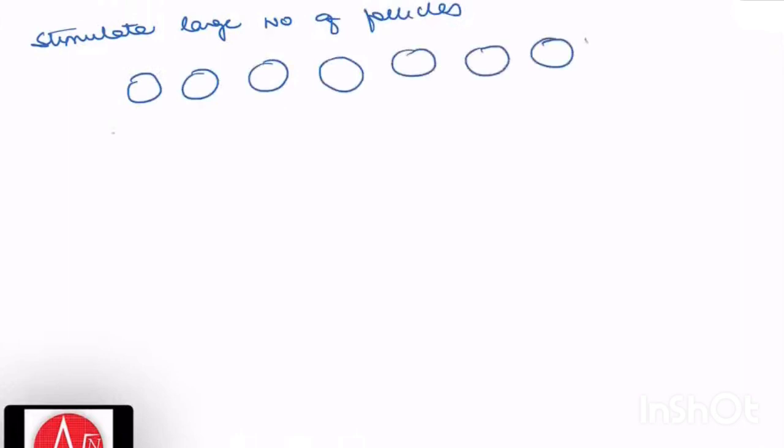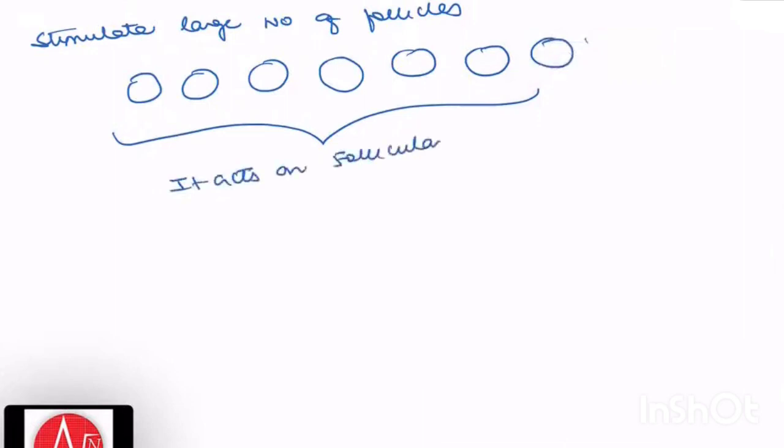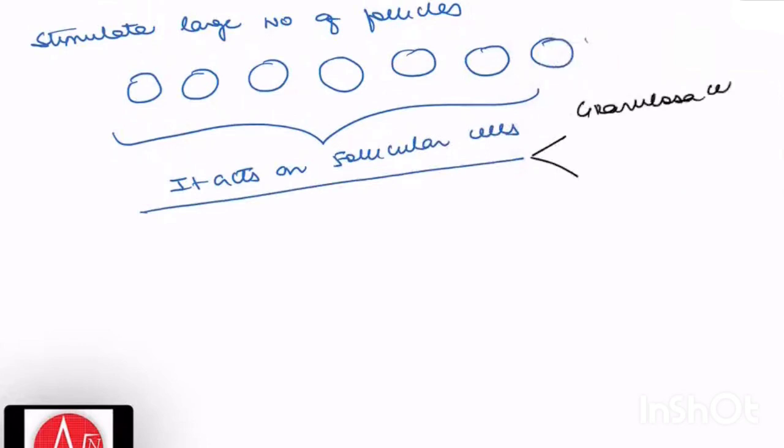Then it acts on the follicular cells and follicular cells को वो दो टाइप के सेल्स में कन्वर्ट कर देगा, granulosa cells and theca cells. Clear?